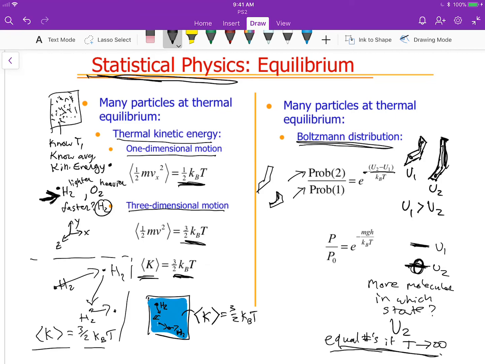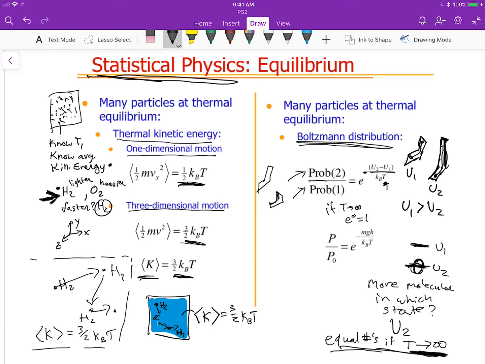So one thing to note is if you have T going to infinity, then we have e to the power 0, which equals 1.